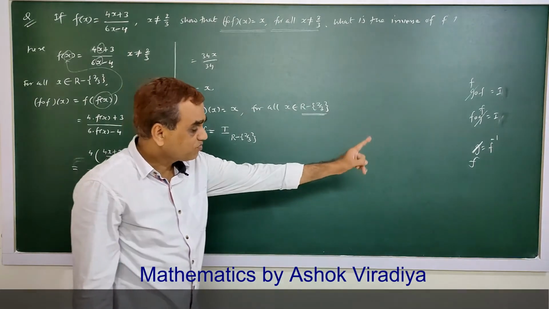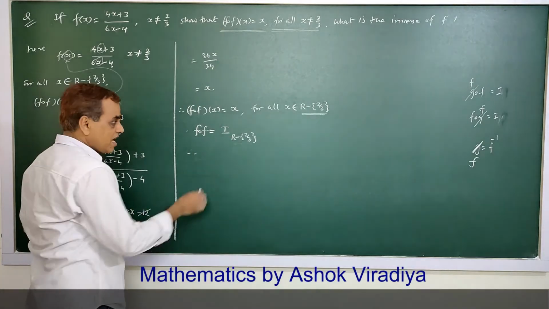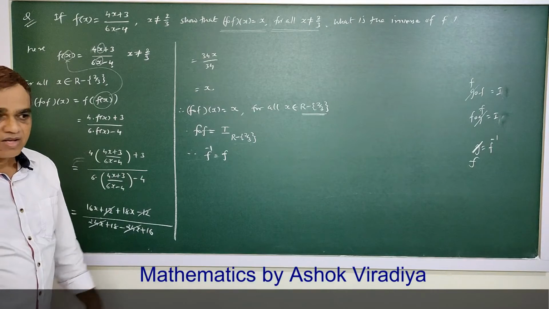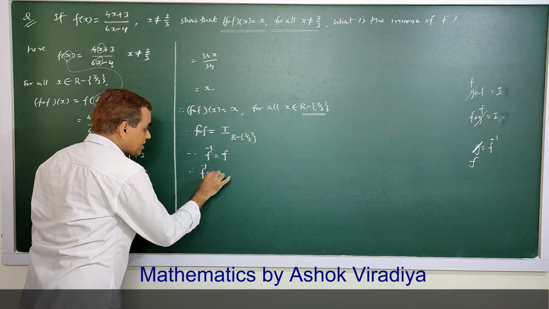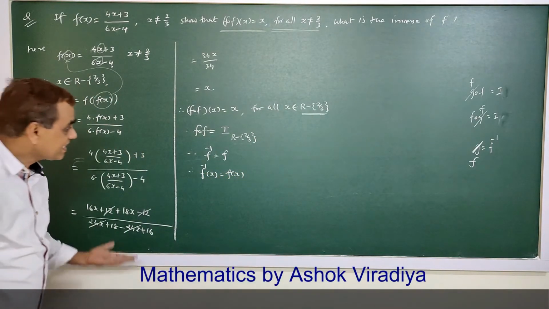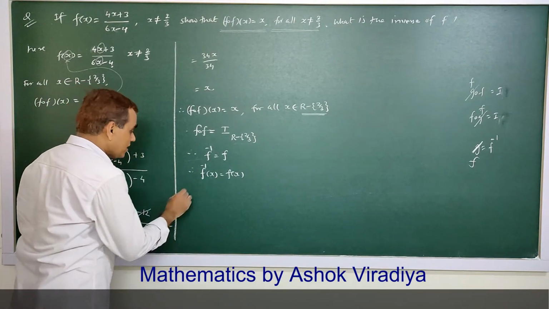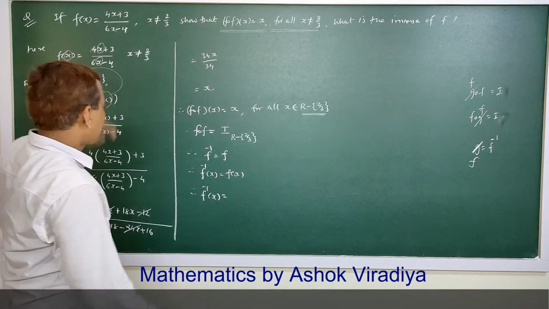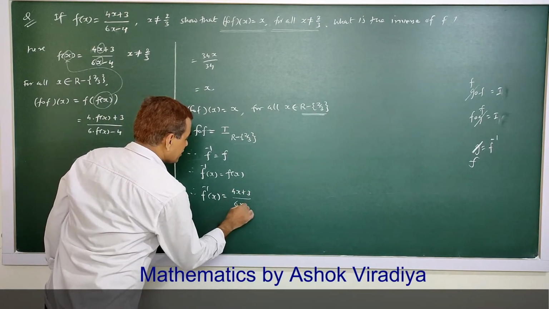So what is it now? f inverse is f. Therefore f inverse of x equals f of x, or we can say f inverse of y equals f of y. So f inverse of x is f of x, which is (4x plus 3) upon (6x minus 4).